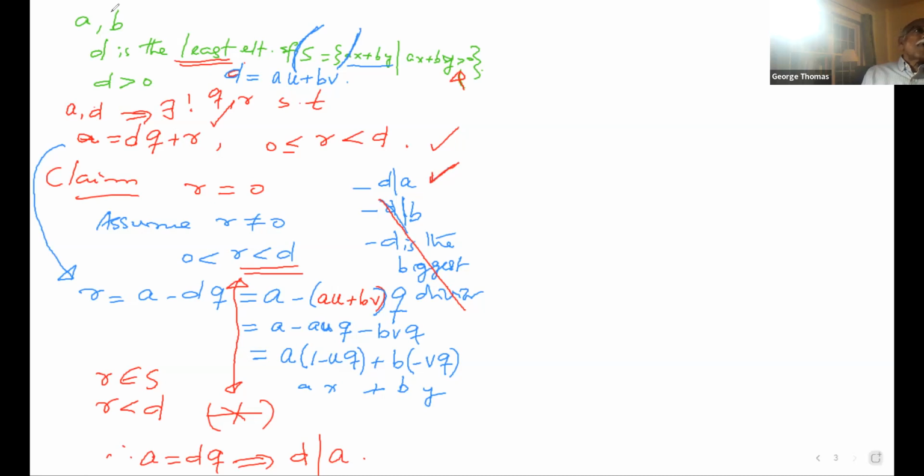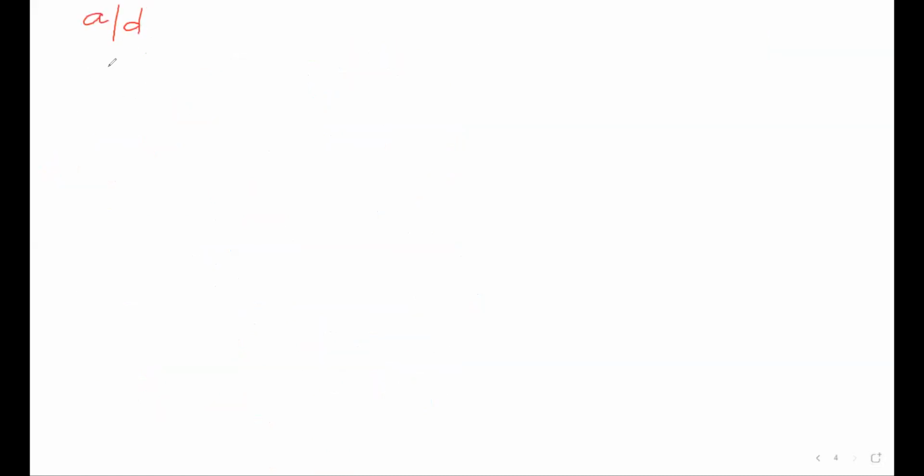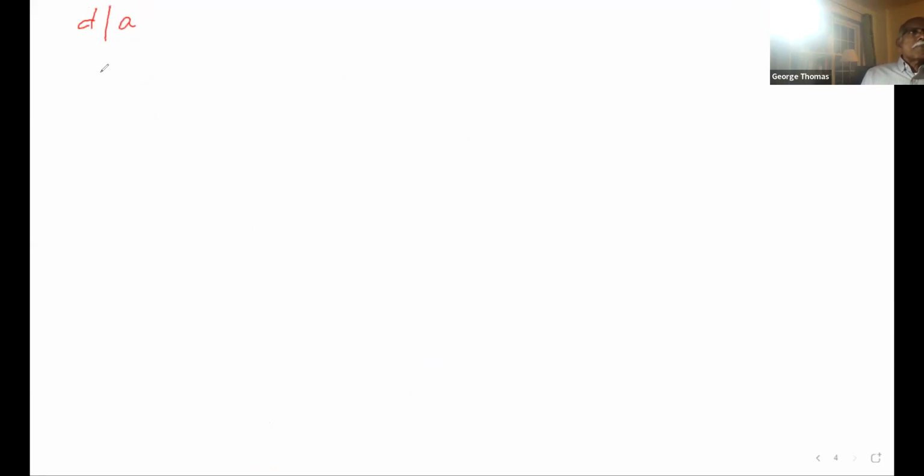We found that D divides A. Similarly, D divides B. Why? Because B is equal to some DQ plus R also. It may be different Q and R. Follow?